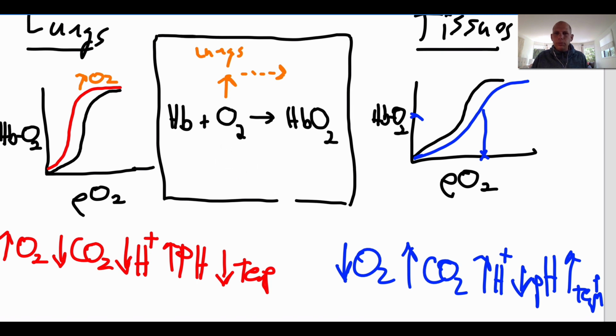So if you drop the oxygen, the reaction is going to say, okay, we now don't have enough ingredients. Hemoglobin is going to let go of oxygen. And this is what we see in the tissues, and that's the decrease in oxygen right there. So conceptually, let's look at it again.